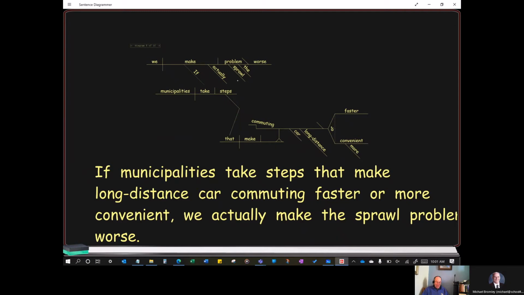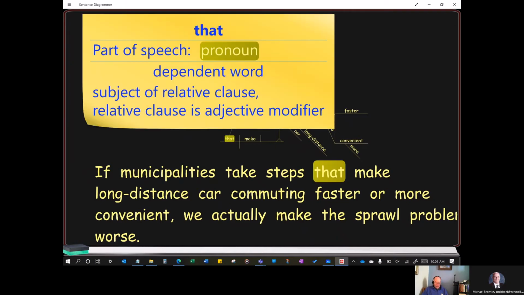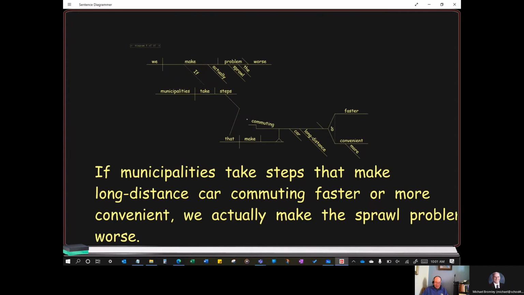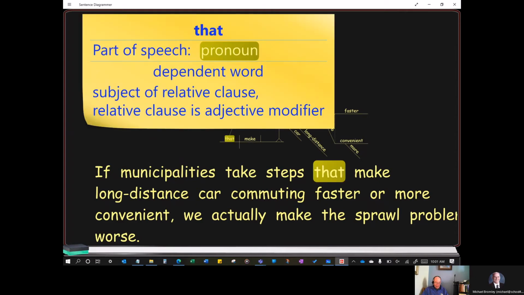If municipalities take steps. Now, we have also this other, actually, it's a relative conjunction, a relative creates a relative clause with that. Take steps that, what? Steps that, and then we have here our that is operating as what this calls the subject of the relative clause.